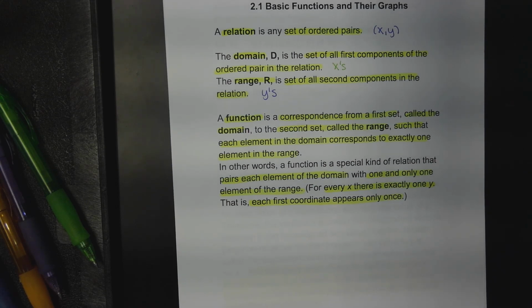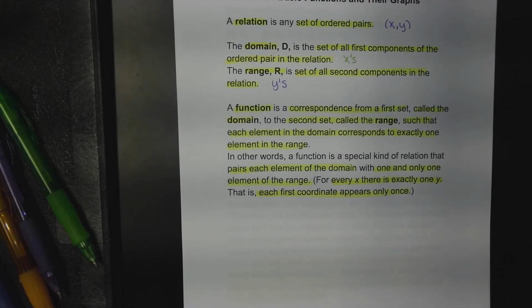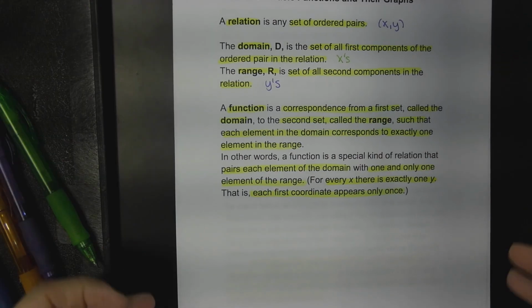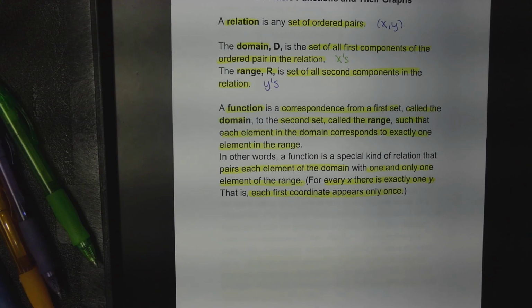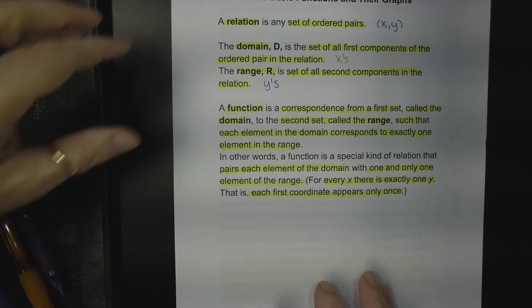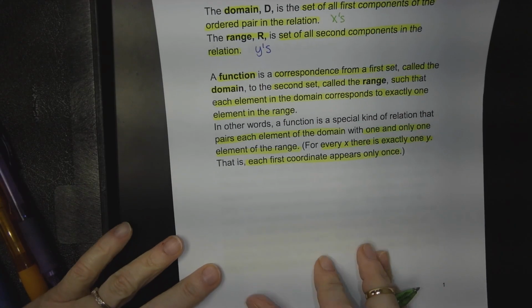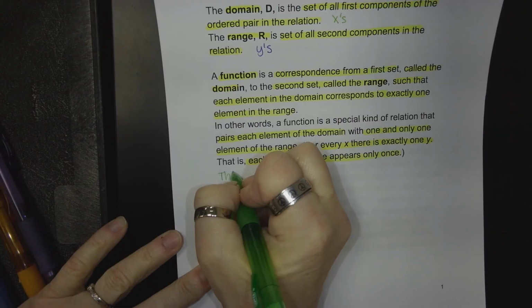I have quirky ways of remembering things. You guys are going to see that more and more throughout this semester, and I'm going to draw you a picture that one of my professors drew for me and kind of made it click in my head. So whenever I think of a function, I think of a mailman. So here we go. Think about a mailman.